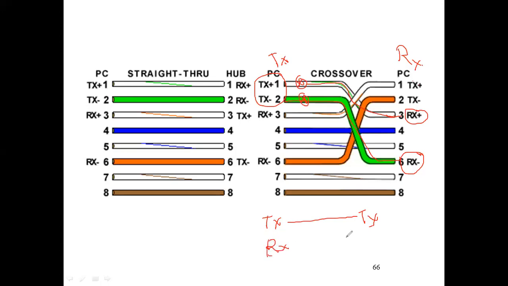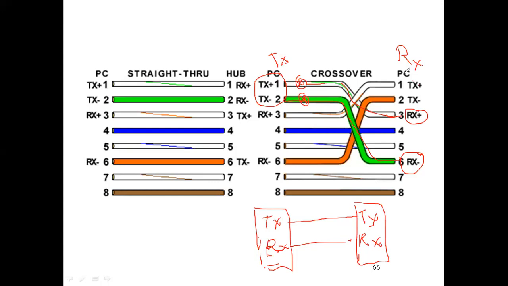Because we are trying to make wrong connections, right? Sorry, over here it will be RX. Like this way, as you can see, which will not support the communication anymore. And if that is not possible, we cannot receive the message, right? Try to understand this thing, right?